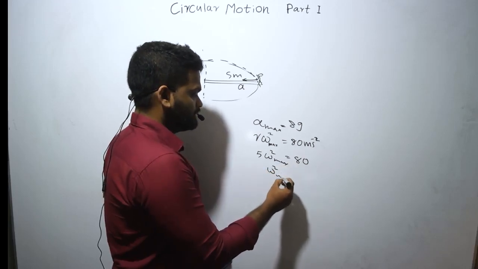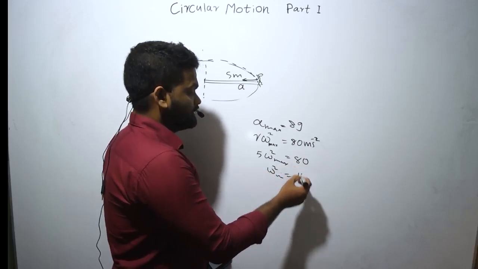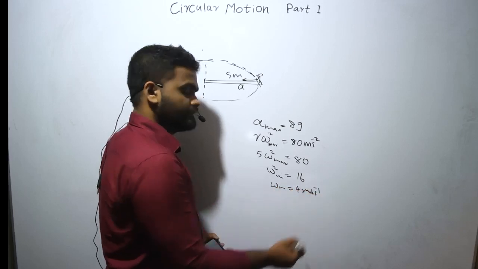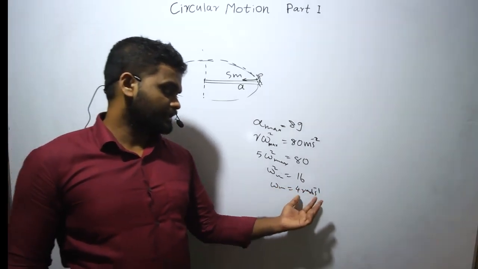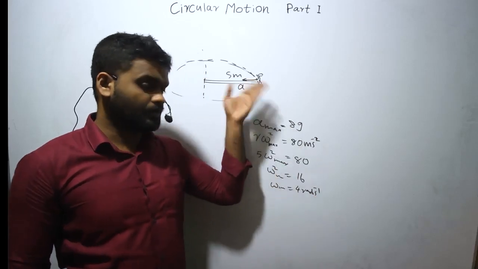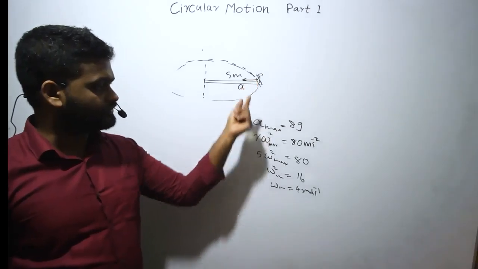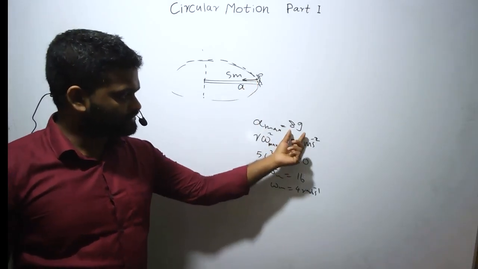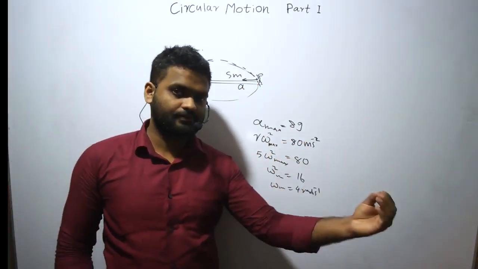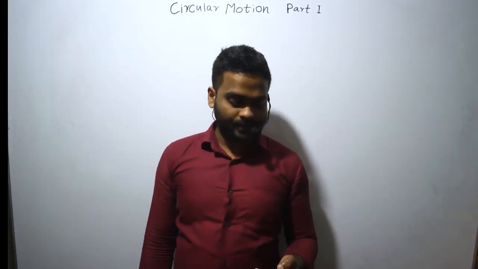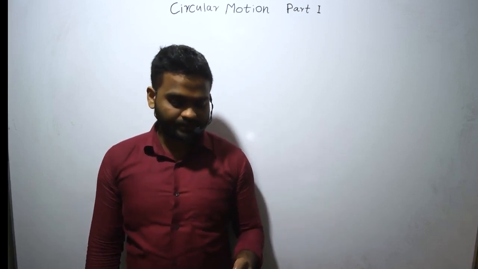You get omega squared 16. So the omega max should be 4 rad per second. So you can rotate this rod at this angular velocity in order for the astronaut to feel this much acceleration. Correct? Right. Sixth question. Which is the graph that shows the relationship between angular velocity of a particle and centripetal acceleration?